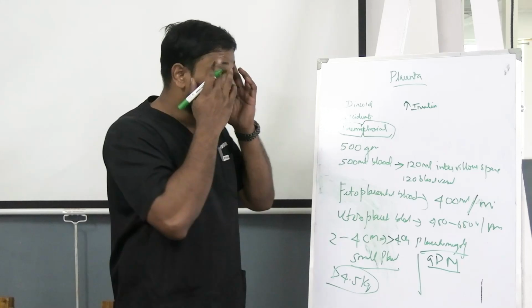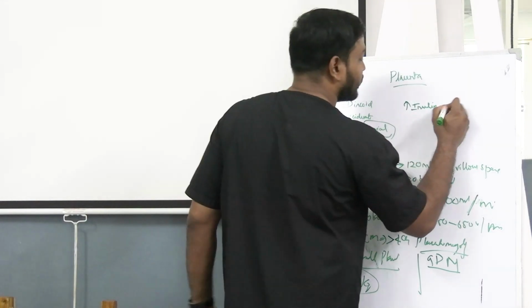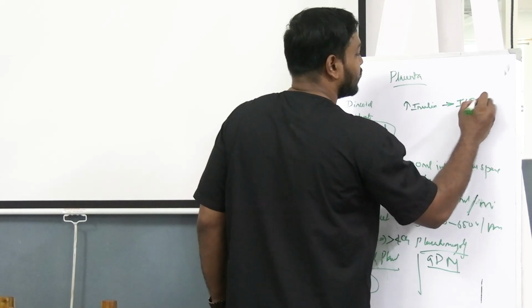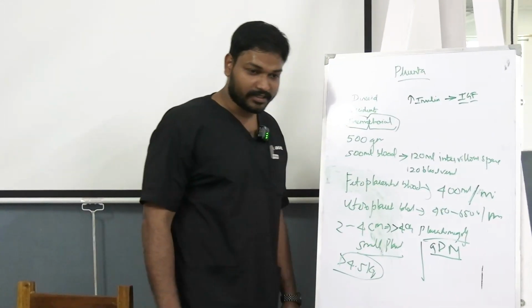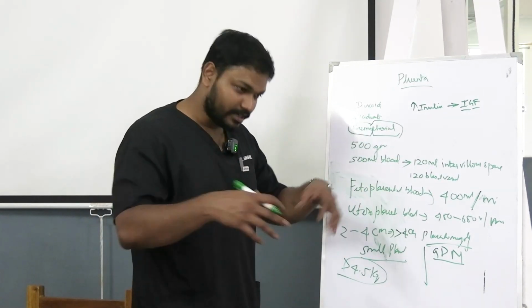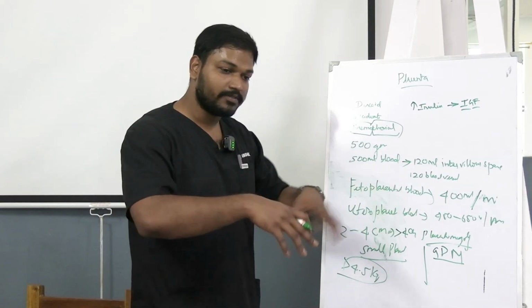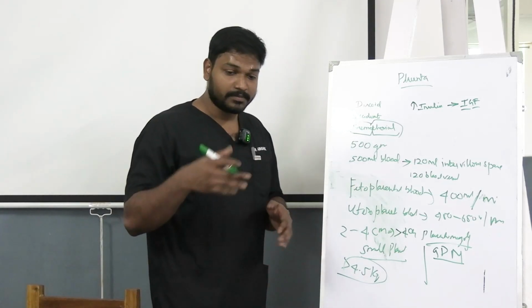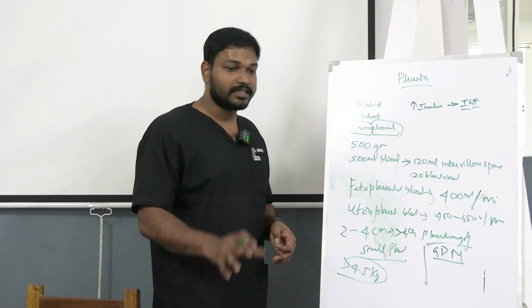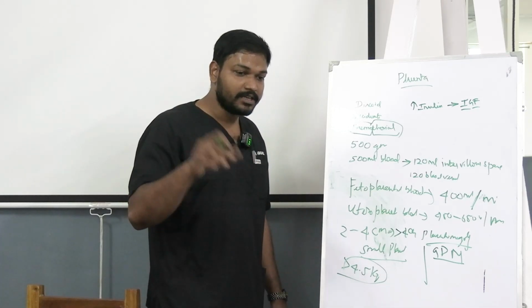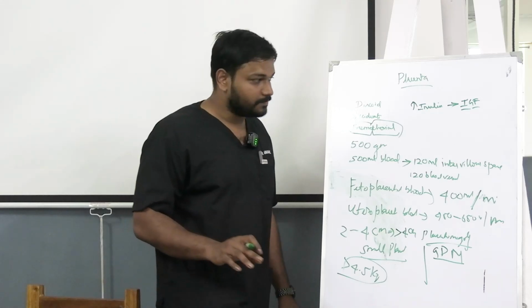When there is increased insulin secretion, there is something called IGF, insulin-like growth factor. This causes excess fat deposition, along with other hormonal changes. The cell mass also increases and the number of cells also increases. That causes a big baby and placentomegaly.